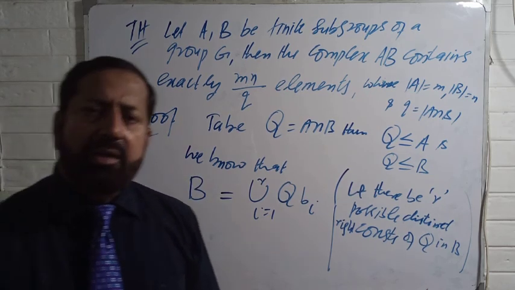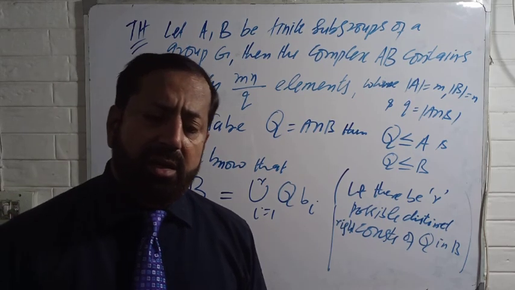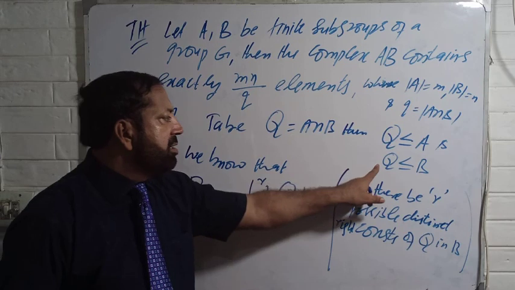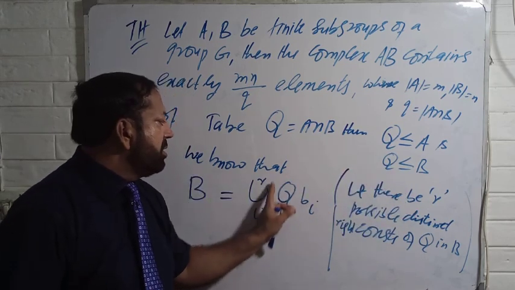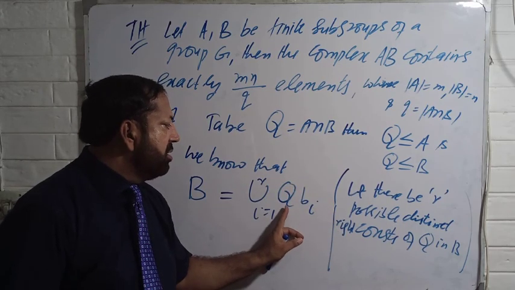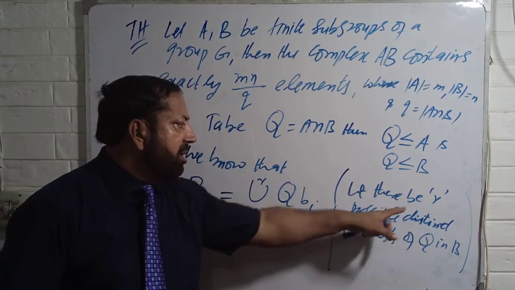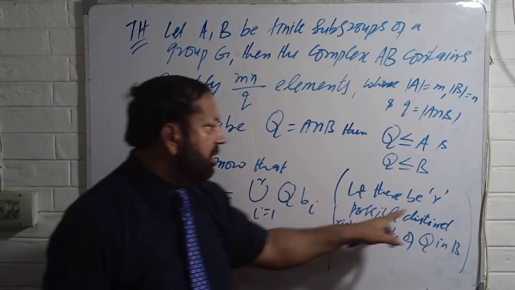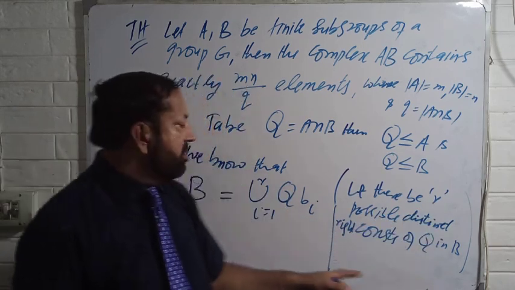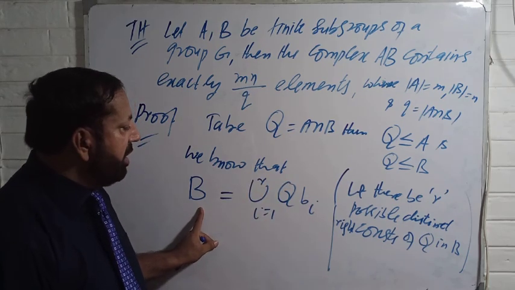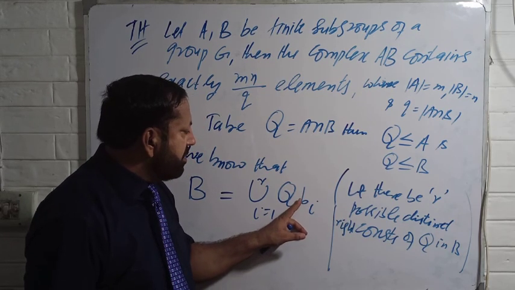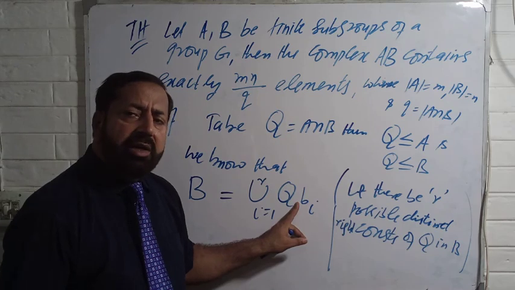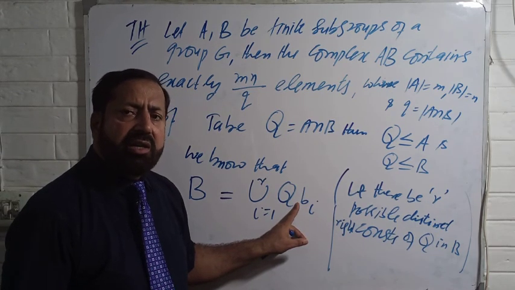You know that the set of all right or left cosets of H in G is in fact a partition of G, so their union is the entire G. Similarly, since Q is a subgroup of B, you consider all possible right cosets of Q in B. Suppose these are all the distinct right cosets of Q in B, and since you have r possible distinct right cosets, their union is in fact the entire B. One thing also remember: corresponding to e belonging to B, you are getting Q, and other than e, you can never have any coset which serves as a subgroup.